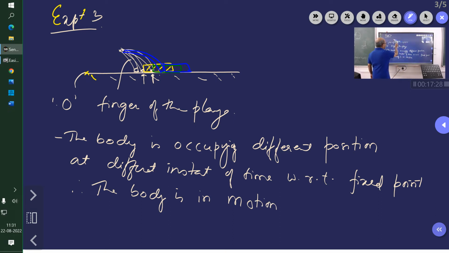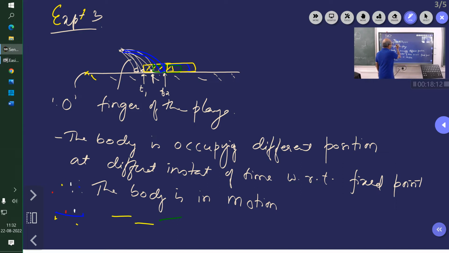Now if I say the instant he touches, the time instant is t1. Observe very carefully: after he touches this point, the striker will be here. He was touching it till this point. Say this is time t1 and this is time t2.